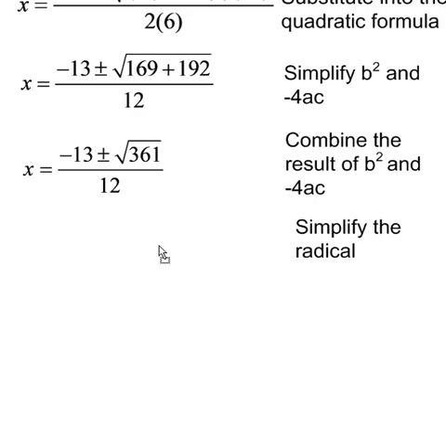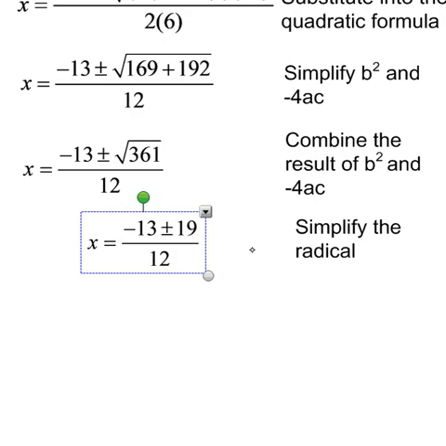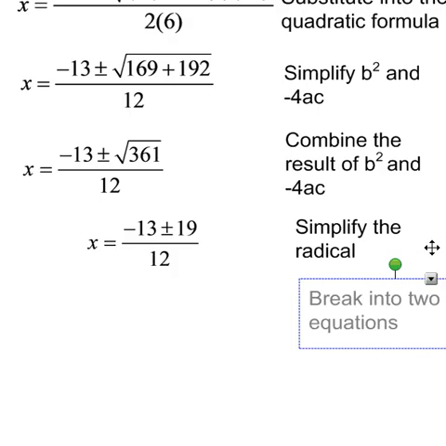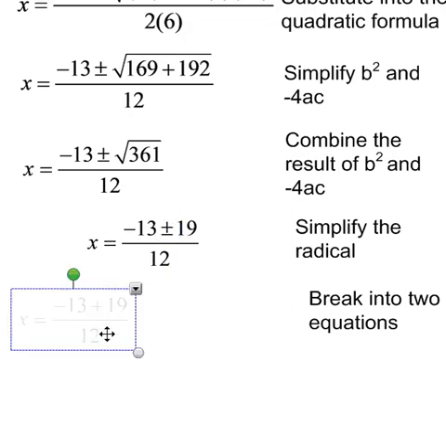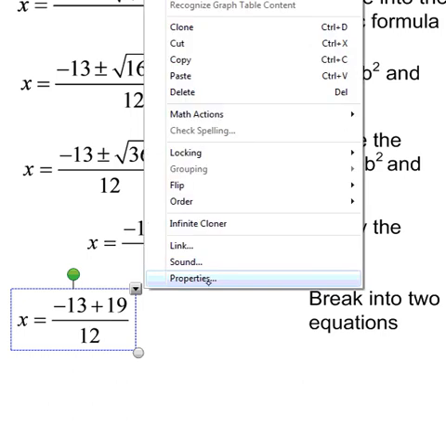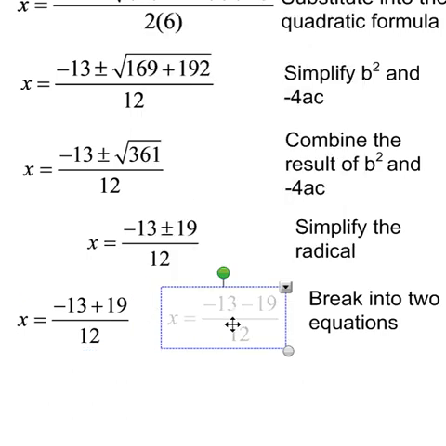So we get negative 13 plus or minus 19 over 12. Now you're going to break it into two equations. That's why you have the plus minus sign here. One equation is going to say x equals negative 13 plus 19 over 12. And the other equation is going to say negative 13 minus 19 over 12.